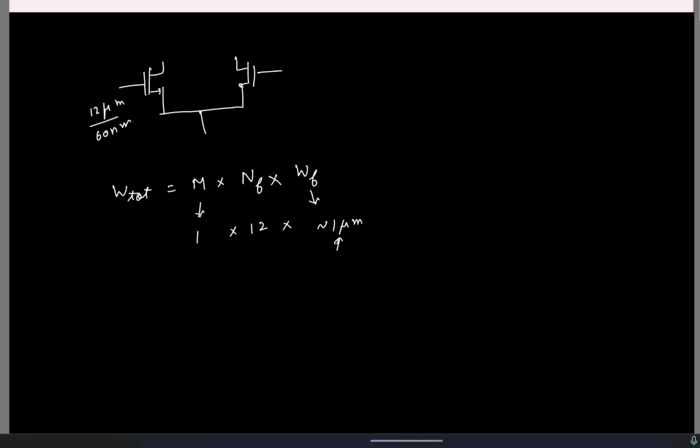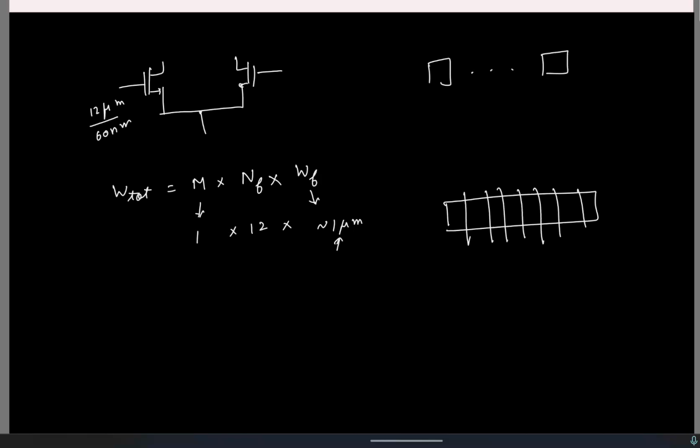And of course this 1 micron, again you can place it as a 1D array as 1:12, that is 12 of them in the x-axis. But if you wanted to have compact, you can basically put, let's say, 4 fingers. I'll just write it like this. See, this is basically putting 12 fingers like this, right?